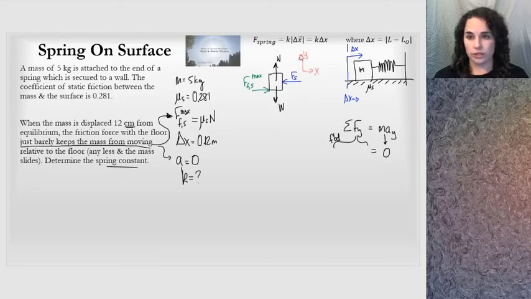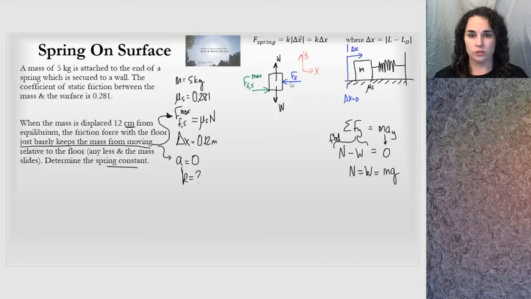So when I write this equation out, I get a positive N minus W. I see that the normal force is equal to the weight, and I know weight can be calculated by mg. I know the mass, and I know gravity, so that can be used in this equation where I see N. Okay, so I've done the vertical direction.